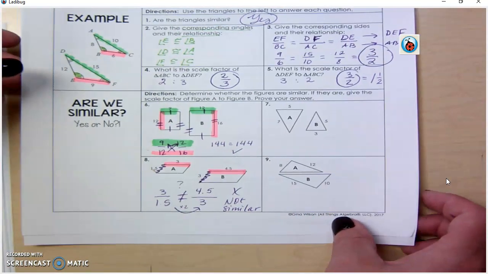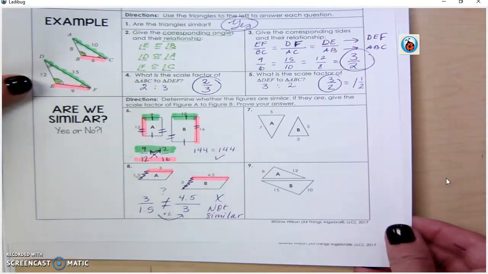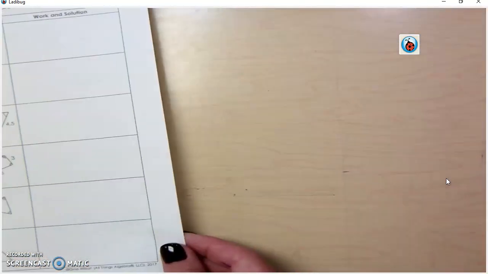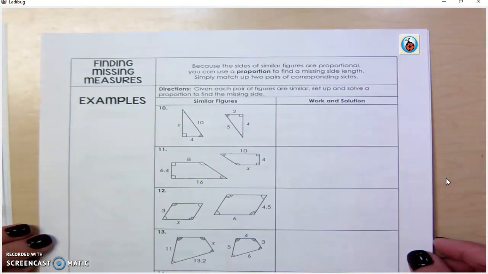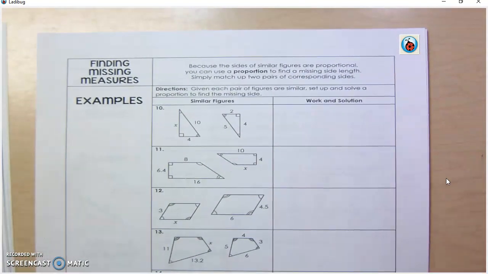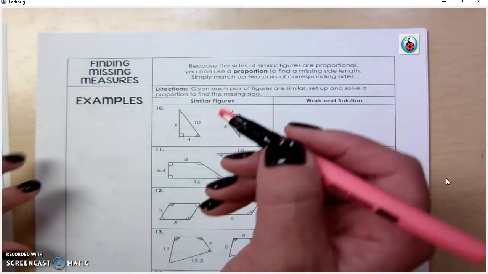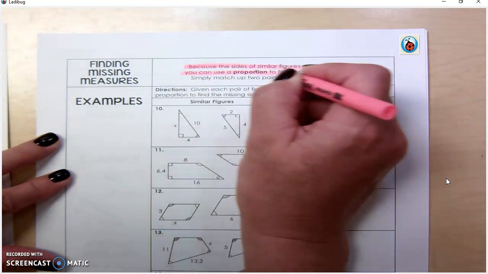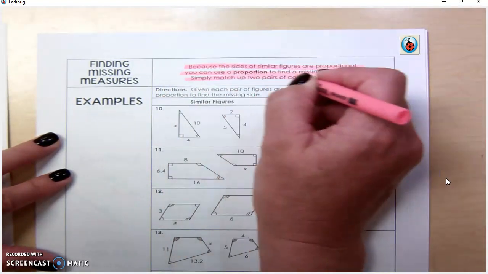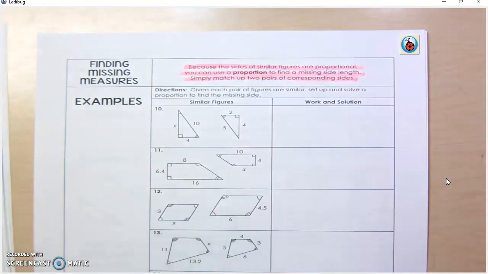All right, let's take a look, guys, at a second part of your note where we are going to be looking for missing value. So our proportions are really handy. They are going to let us find the missing value. We have done this before with traditional proportions, and so we are using the same properties.